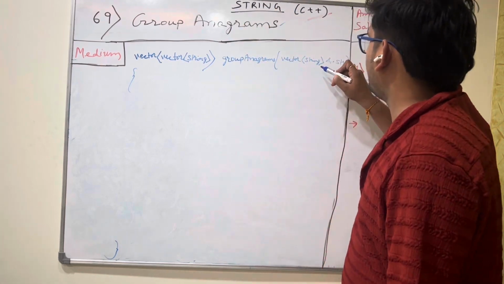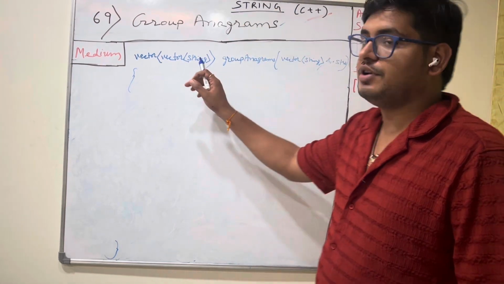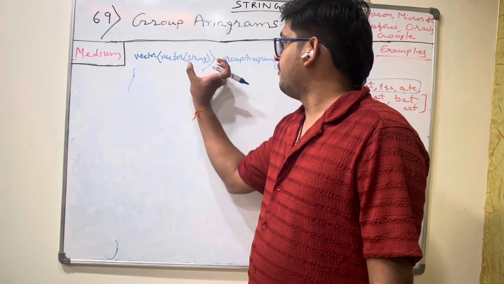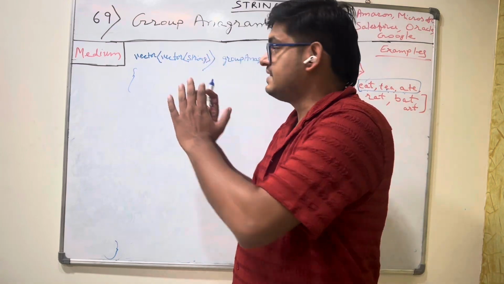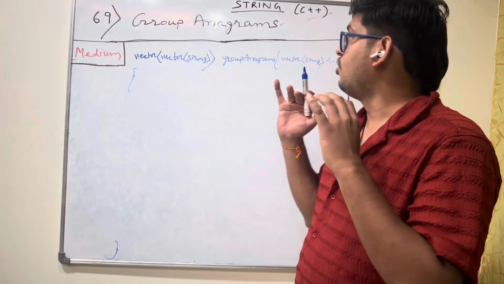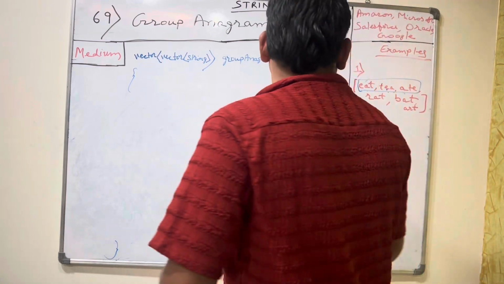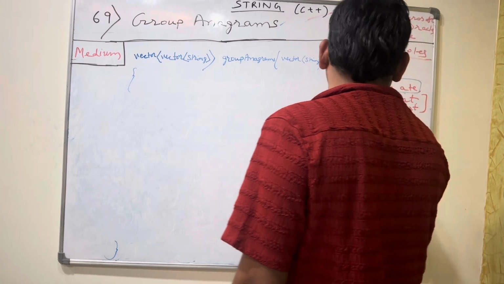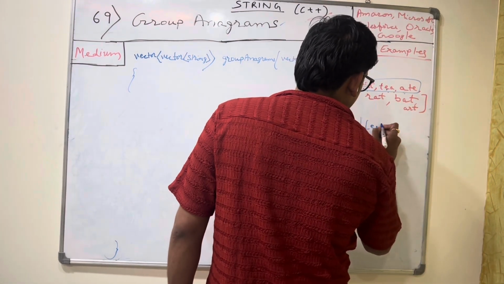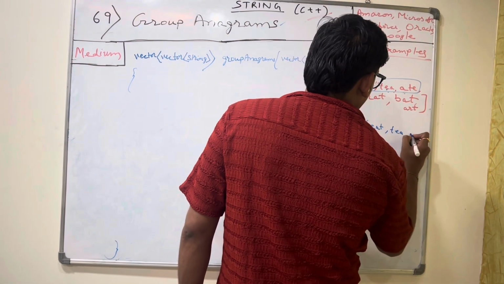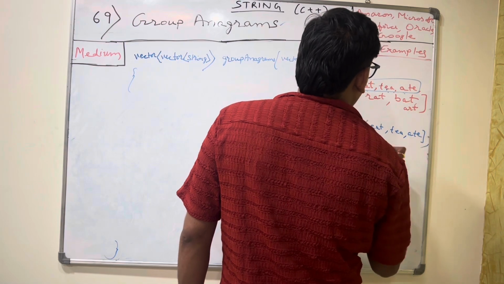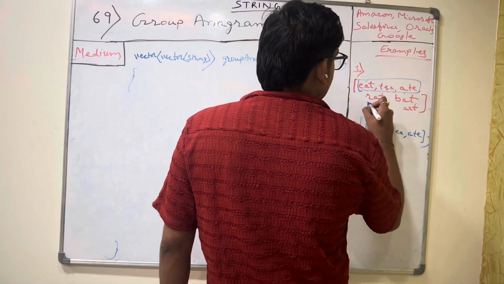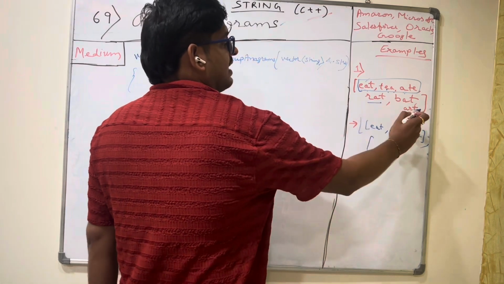Okay, we are given a vector of strings and we need to return a vector of vectors of strings, where each inner vector will be a group of anagrams. Since these three are a group of anagrams, in our answer eat, tea and ate will come together, and then rat and art, they are anagrams, right?